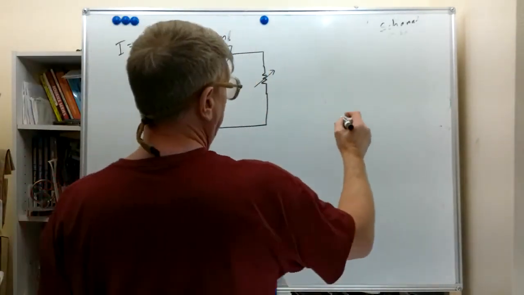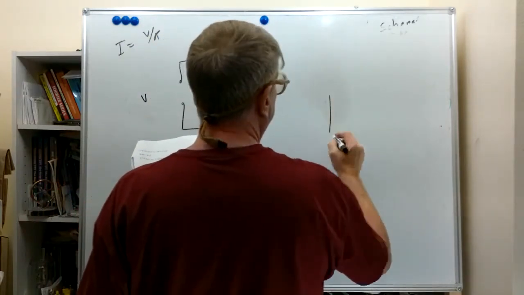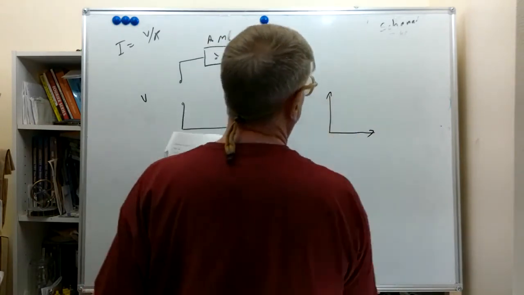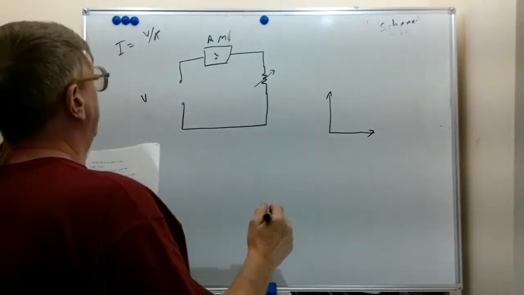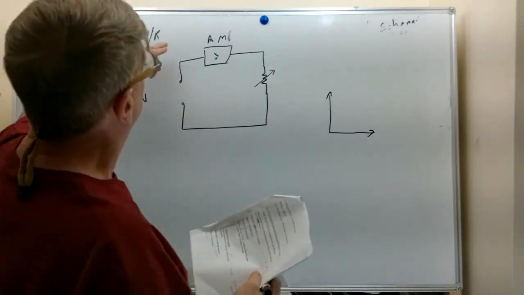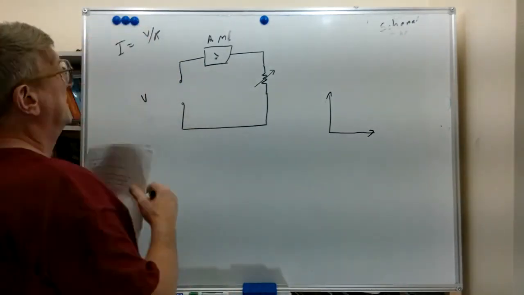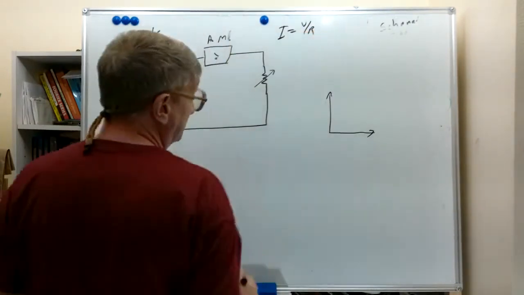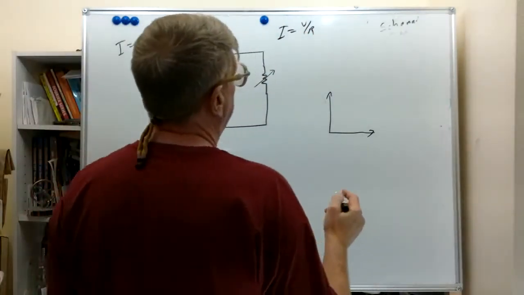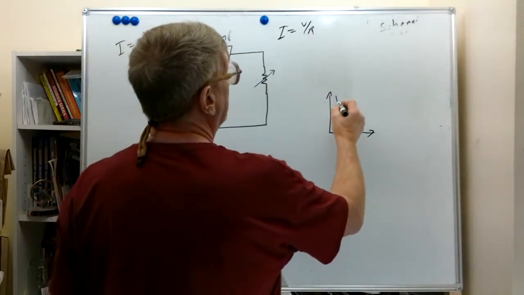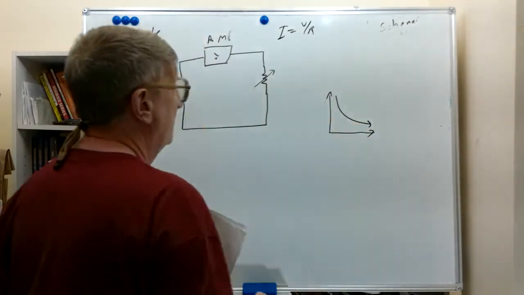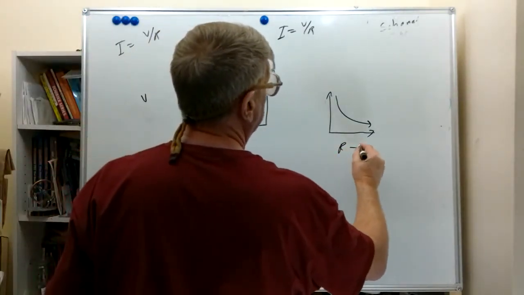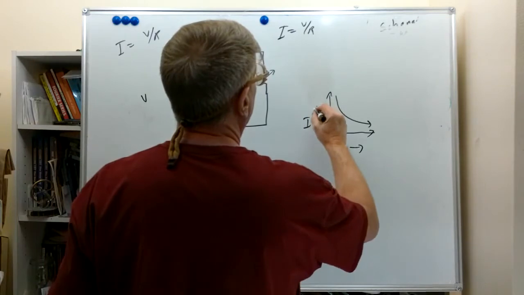We've got a variable resistance, so we've got a fixed voltage. So what happens in this situation, as we increase the resistance, we've got a fixed voltage, we're still using this. This would not be a straight line either. It's a curve that looks kind of like this. So as we increase the resistance, current goes down.